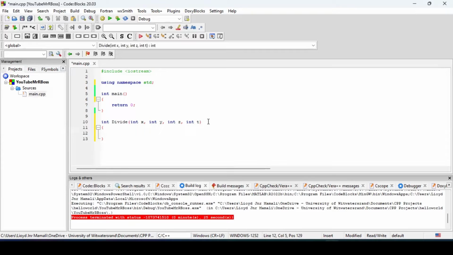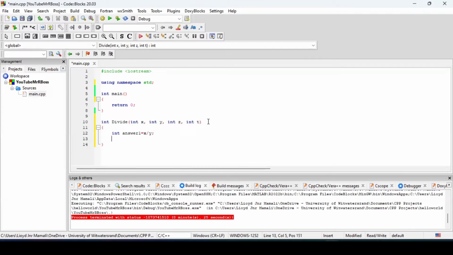All right, and then you're going to put your opening and closing braces, and we want our function to do division. So I'm going to say int answer, because obviously the answer is going to be an integer, or let's say int answer1 is equal to x divided by y.